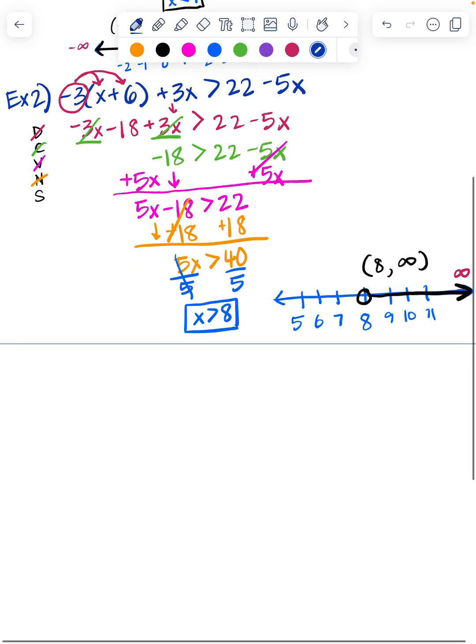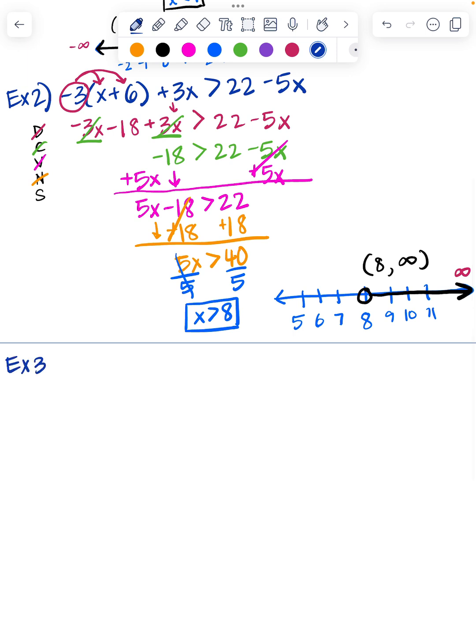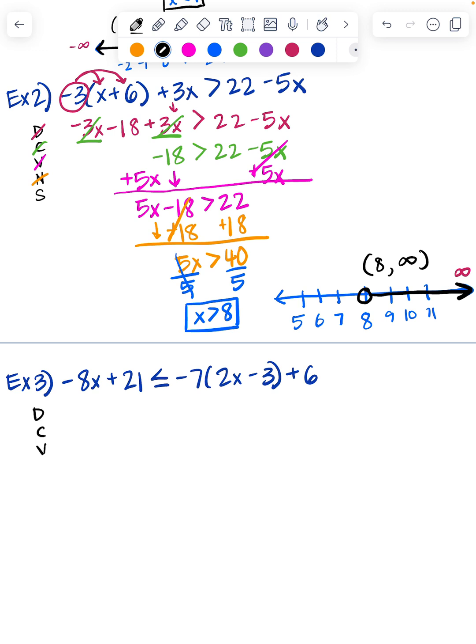Okay, example 3. So I'm going to make my list. I think that helps me. D, C, V, N, S. First, we distribute. This time we're distributing on the right.